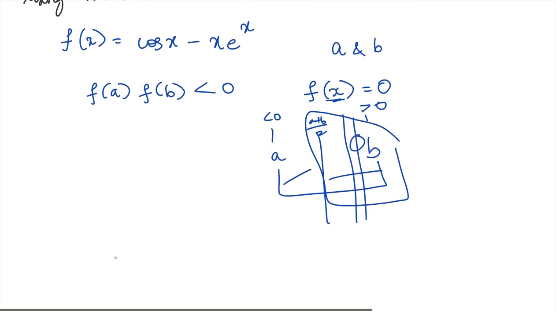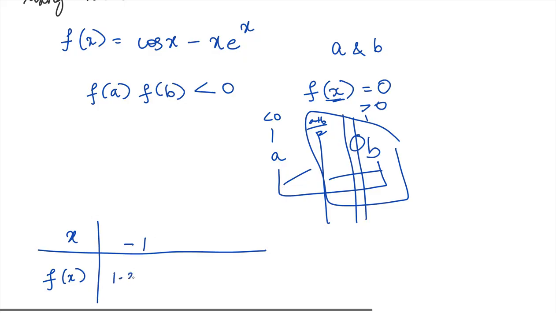So now let's draw a table. We'll be having x here and f of x here. So let's say x value is minus 1. What is f of minus 1? Cos minus 1 minus minus 1 e power minus 1. So it would be 1.367.